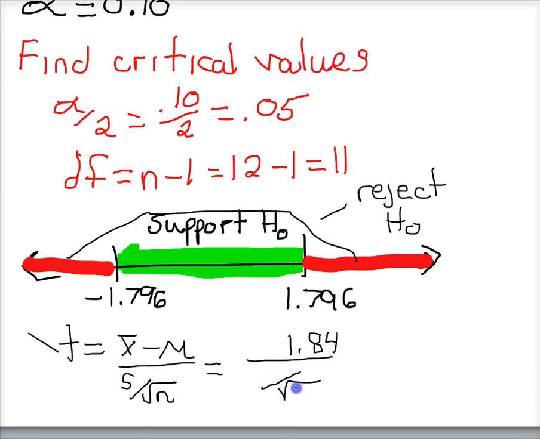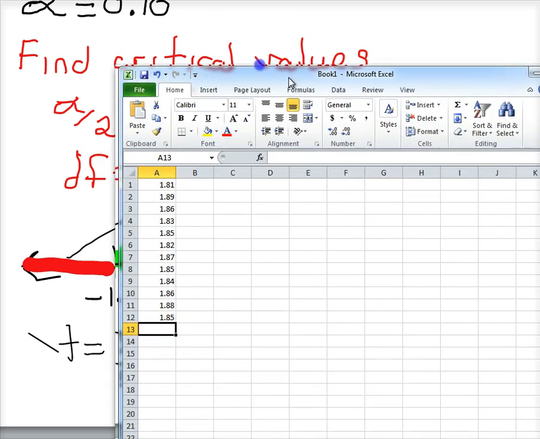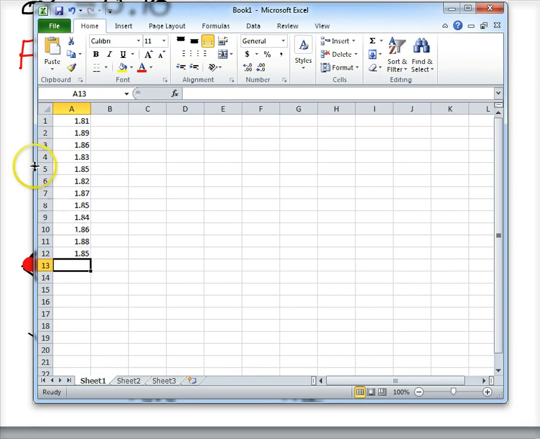I'm also able to fill in there are 12 data points from the given data. However, I do not have the x-bar, the sample average, or the sample standard deviation. So I'm going to use Excel to help me find these. I've entered the data into a column of Excel exactly as it was presented in the problem.